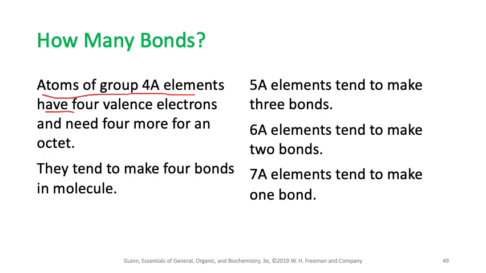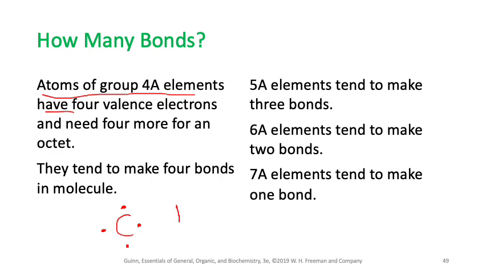So that means any element belonging to the 4th group can make 4 bonds. For example, carbon belongs to the 4th group. How many valence electrons? 4. 1, 2, 3, 4. And to make 8, how many more electrons does this carbon need? 4 more.